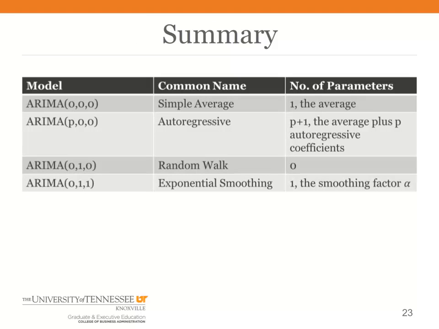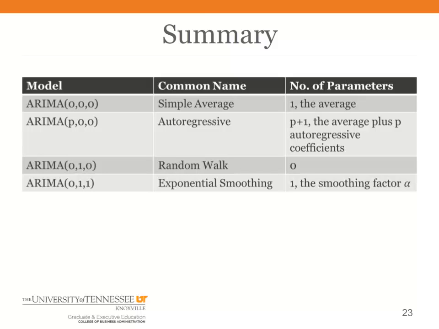So these are the different models that you know at this point. The ARIMA 000 is the simple average, and it only has one parameter, which is the average. ARIMA P00 is the autoregressive model, and it has P plus 1 parameters.